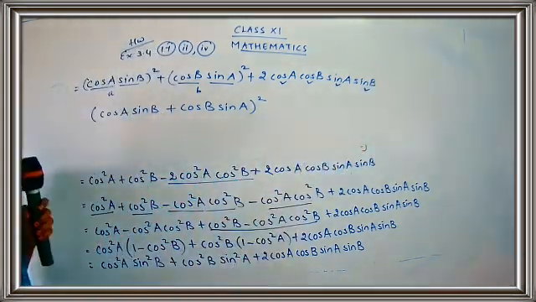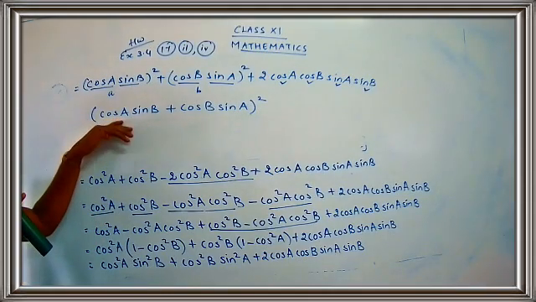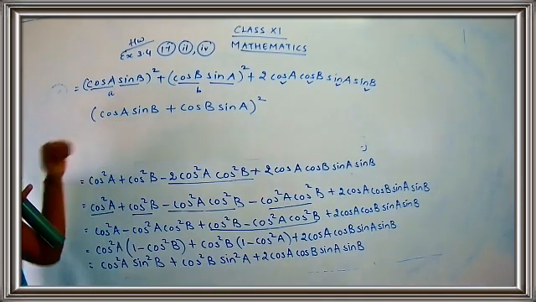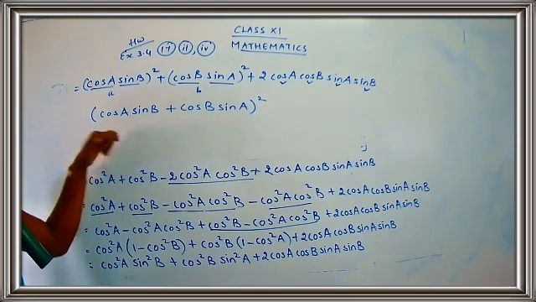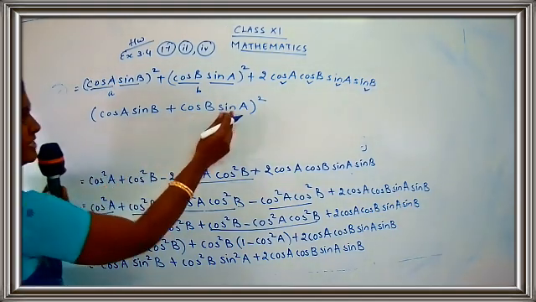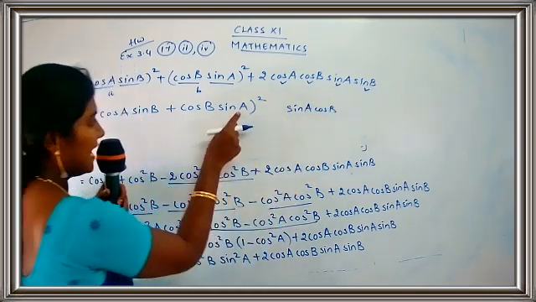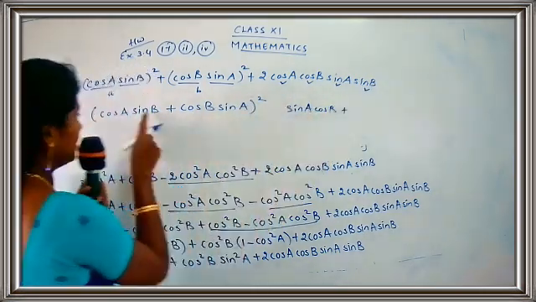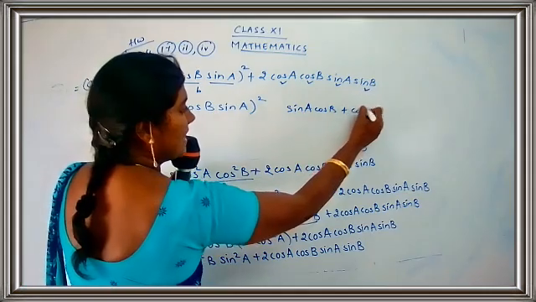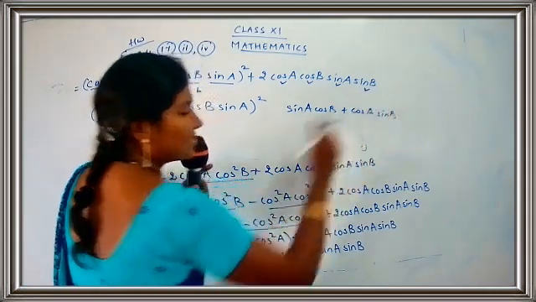Now just check this carefully. This is one identity. Can you find this identity? This is sin A cos B plus cos A sin B. The terms are just interchanged, that's all.